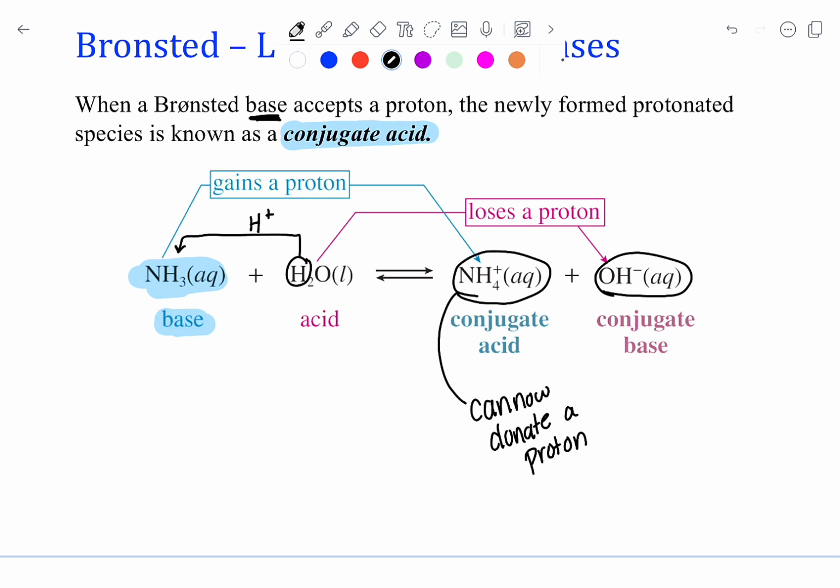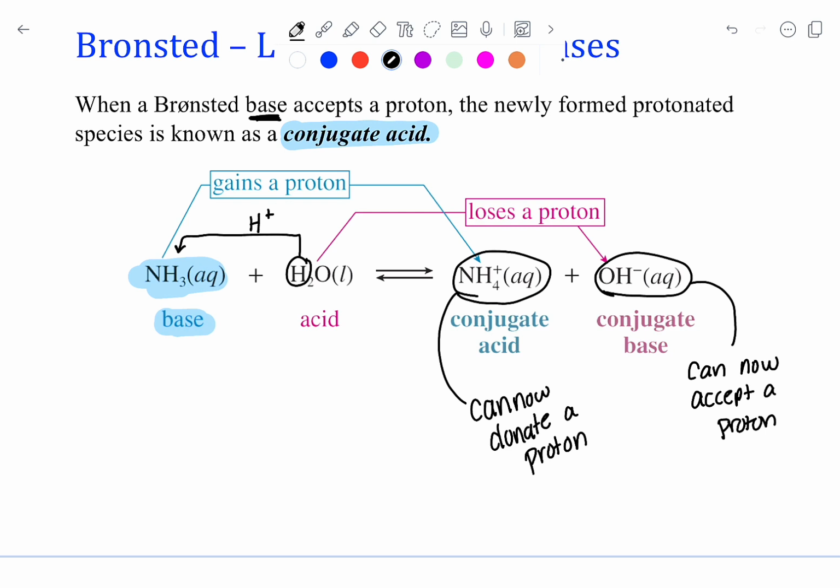The conjugate base, the OH minus, is also likely to then act as a base in another reaction where it is now going to accept a proton. We can see that it wants to accept the proton because it wants to get away from that negative charge. If I were to accept the proton, I would then have a neutral charge, which is more preferable energetically by any compound.